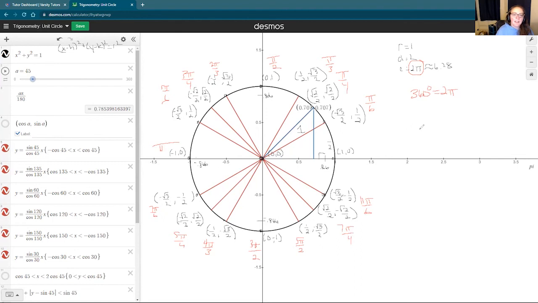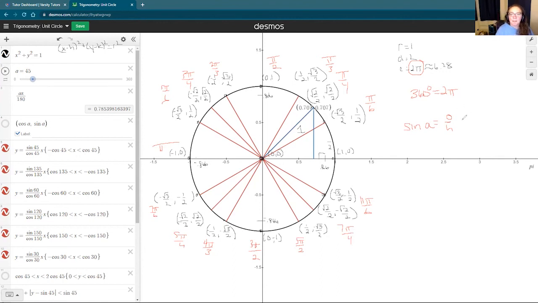Okay, so let's say the sine of A is going to be equal to the opposite over the hypotenuse, right? Now the opposite in this case is always going to be y, isn't it? Yeah. So think about it. The opposite's always going to be the up and down, right? Mm-hmm.